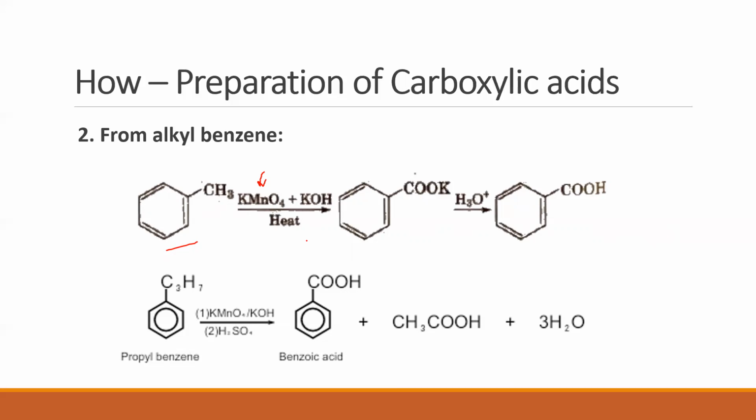If any one of these two happens, then we call it mild. If both of these happen in the same reaction, we call it strong. Now, coming back to this reaction, let's try to see what this compound gets converted to. If you closely observe, CH3 here is getting converted to COOK.